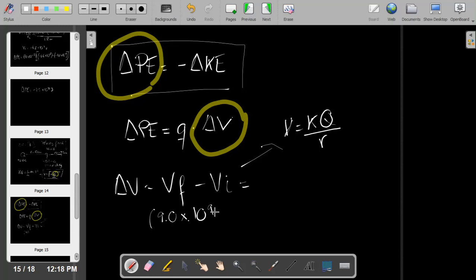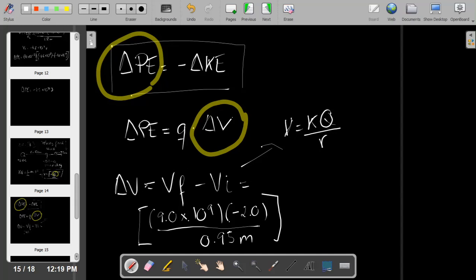I'm not putting units because it takes too much space. Multiplying my Q. My Q is my stationary charge, and my stationary charge is minus 2.0 coulombs. It's already in the right units. My final distance is 0.95 meters, okay? So this right here is my final electrical potential.